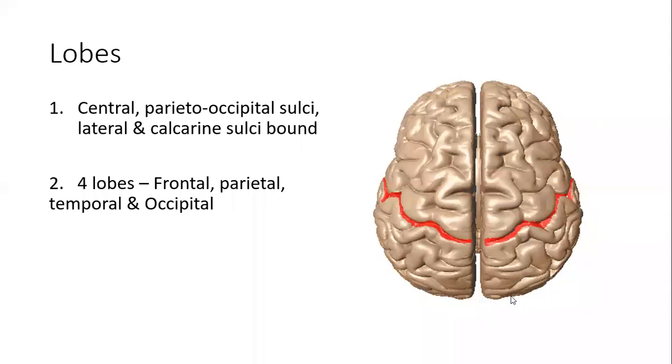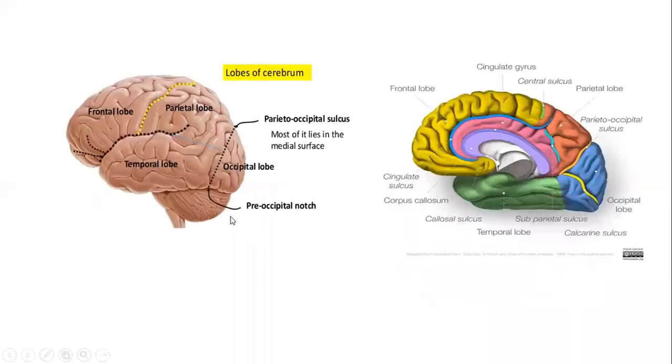And further down and behind the parietal lobe, we have the occipital lobe. So the central sulcus is basically dividing the superior and lateral surface of each cerebral hemisphere into an anterior frontal lobe, and posterior to the central sulcus the parietal lobe, and further posterior to it we have the occipital lobe.